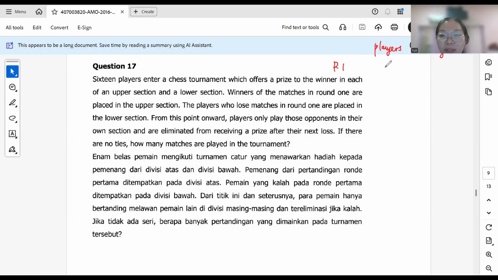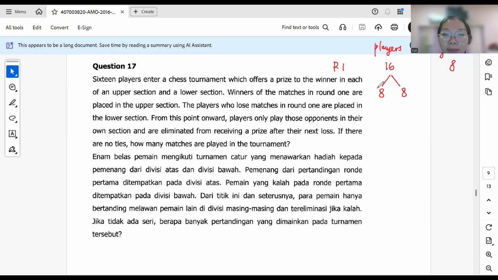First, you have 16 players in round 1. 16, that means you need 8 games, right? Because you have to have an opponent. So 8 games for 16 players. 16 divided by 2, you have 8 games. Because there's no elimination, you're going to have 8 winners and 8 losers.